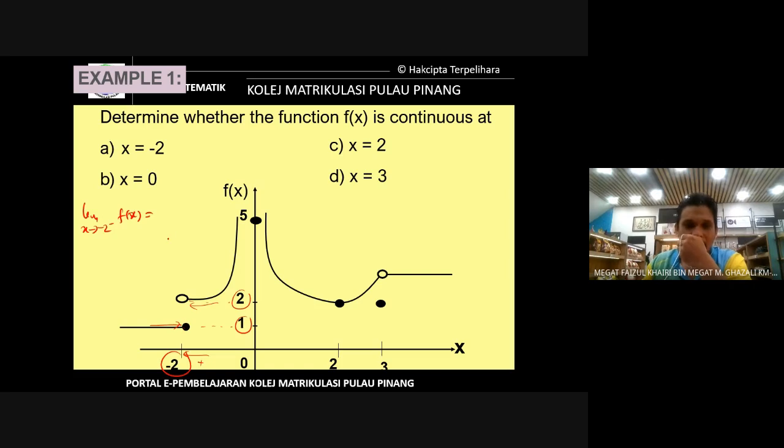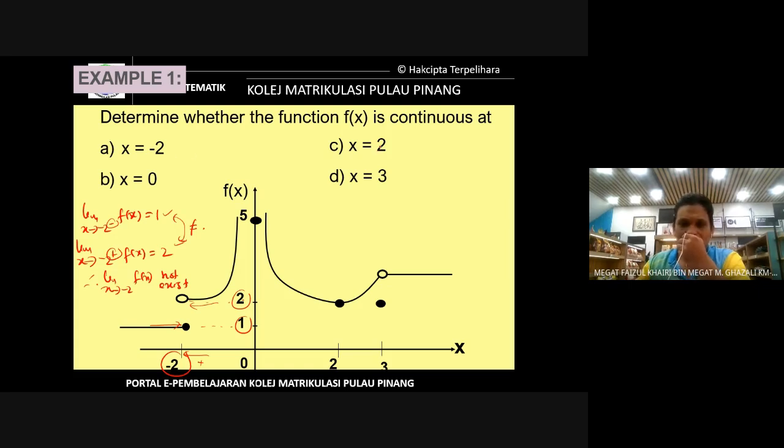The limit from the left exists and the limit from the right also exists, 1 and 2, but the values are not equal. So we conclude that the limit of x approaching -2 of f(x) does not exist, sebab nilai dia tak sama.